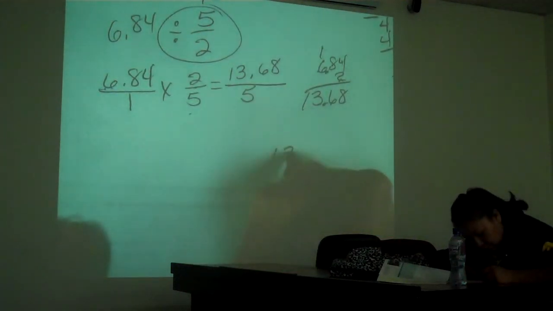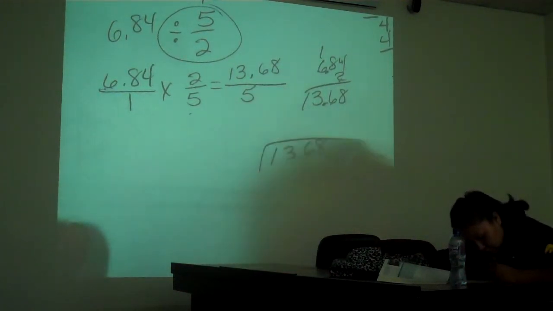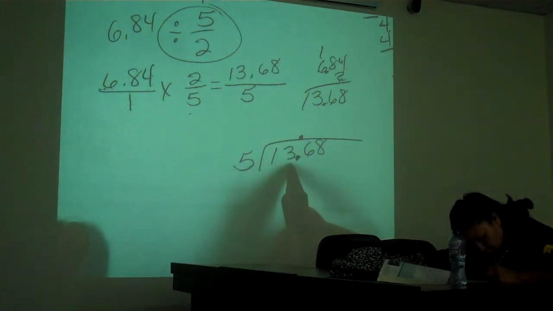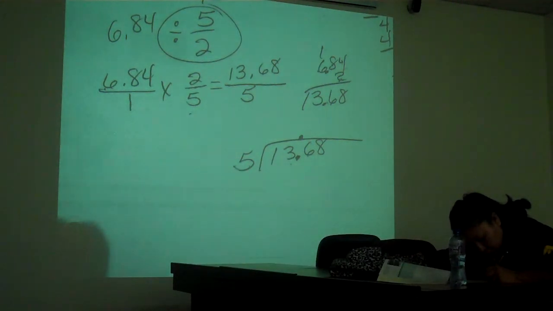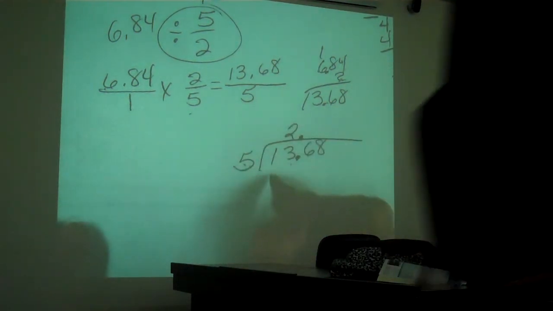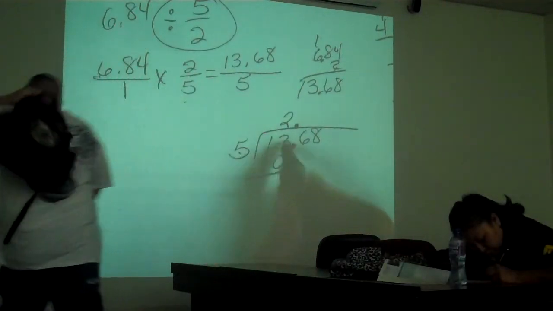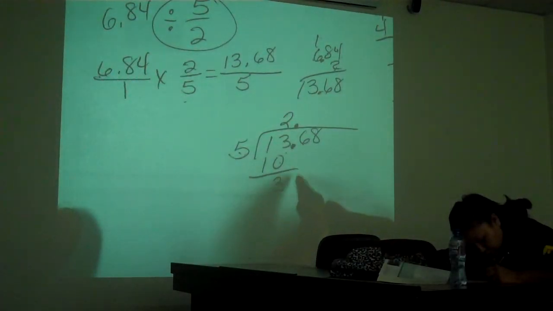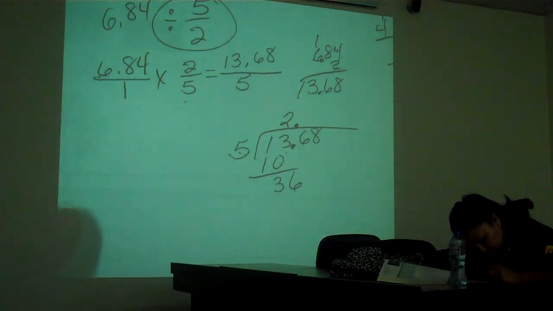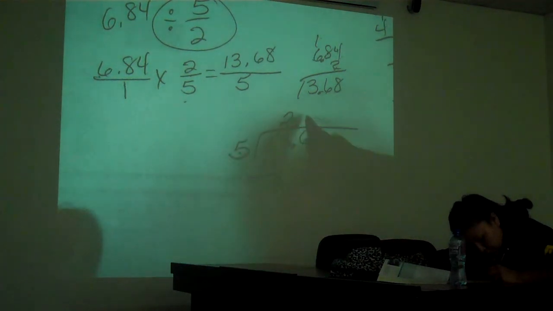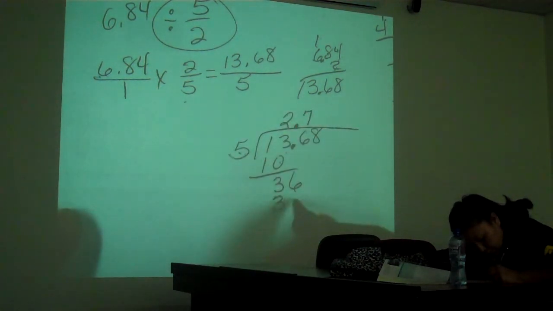So we do 13.68 divided by 5. Bring that decimal up so we don't forget. 5 into 13 is 2. 5 times 2 is 10. Subtract. We have 3. Bring our 6 down. 5 into 36. 7. 7 times 5 is 35.